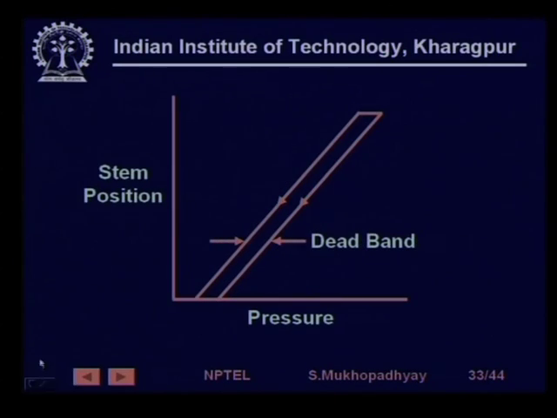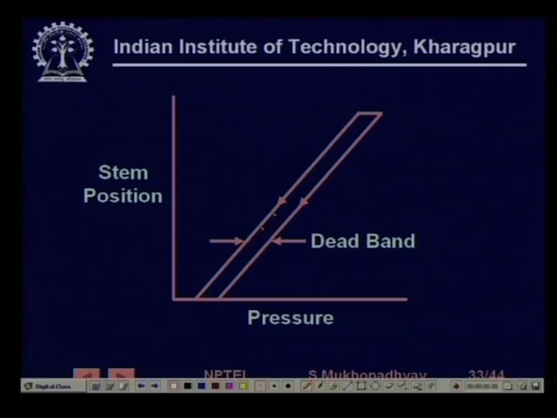Similarly, there may be hysteresis in the stem position due to various factors. When you are increasing the pressure, the stem position may follow this curve, and when you are decreasing the pressure, it may not follow exactly the same curve.